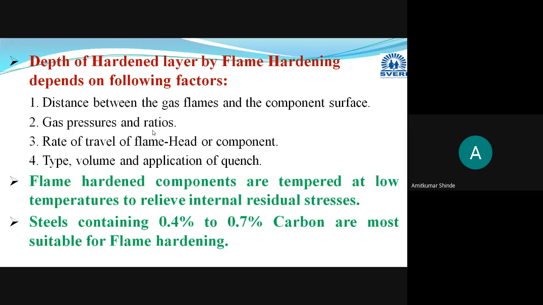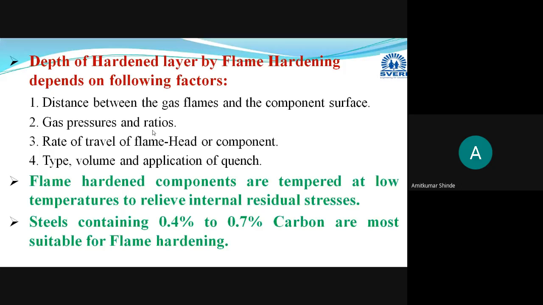Due to this process, whichever internal stresses are there will get eliminated. In this way, after flame hardening, low temperature tempering is performed to eliminate the internal stresses.